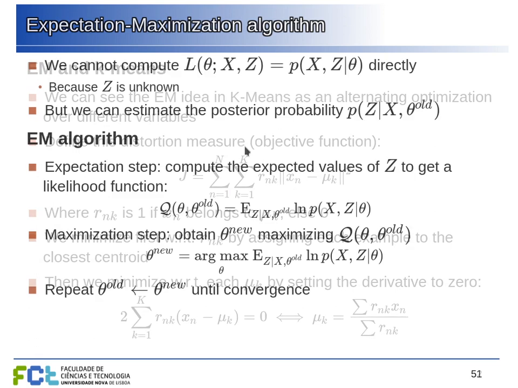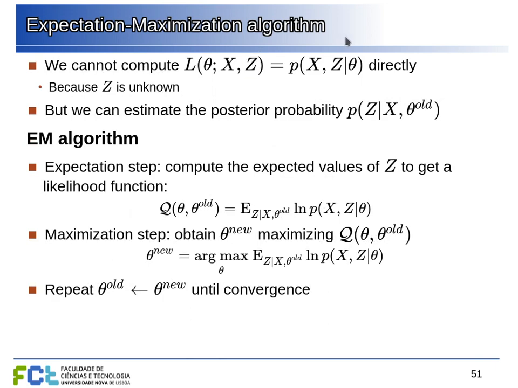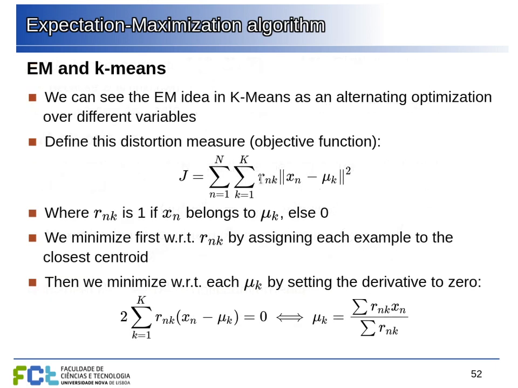So this latent variable z, in this case, would be represented here by the assignment of points to clusters. And what we can do is, if we assign each point to the closest centroid, we can minimize this sum here, because we will always be using the smallest possible distance when adding all these distances.